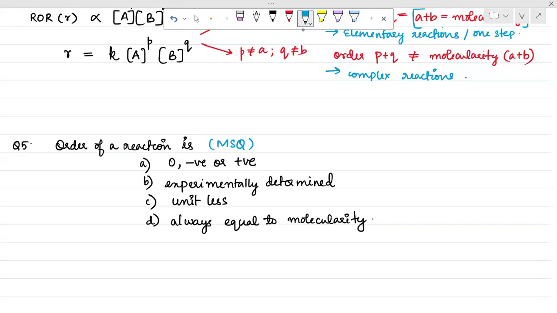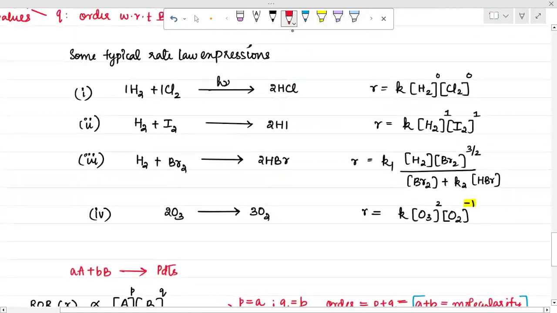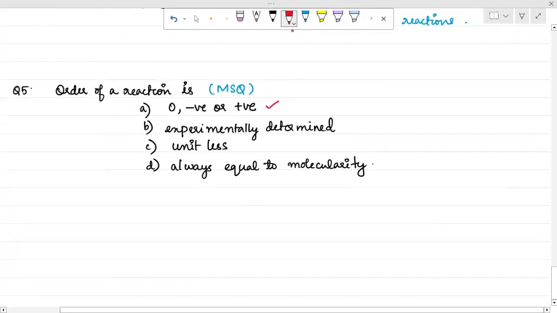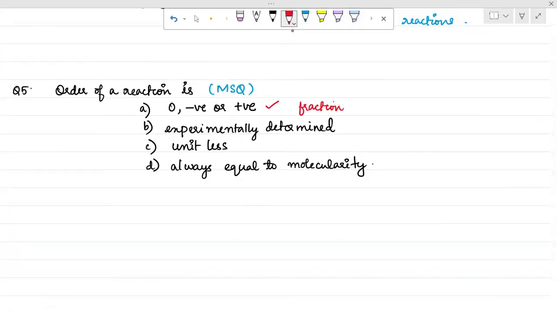All right. So the order of the reaction is 0, negative or positive. Is that statement right? Yes. We already saw certain examples. We saw that the order of the reaction can be 0. Just add the powers, 0 plus 0 is 0. It can be negative, it can be positive, it can be fractional as well. So that statement is right. Already I told you that this is not something that you can just look at the reaction and write.